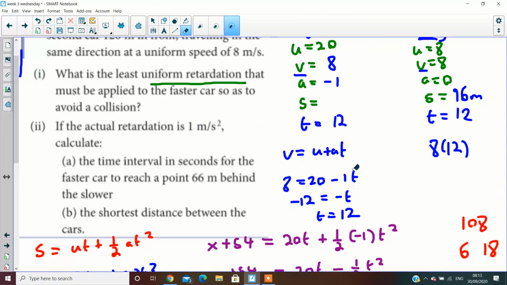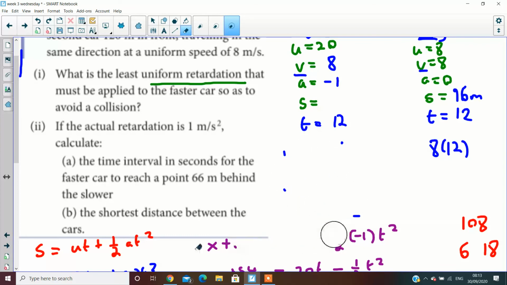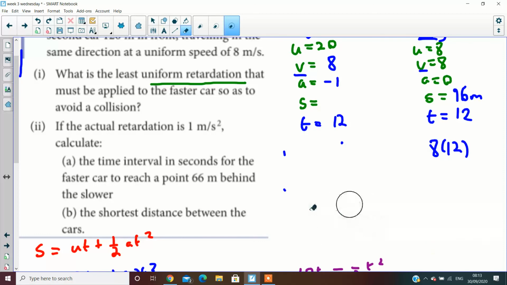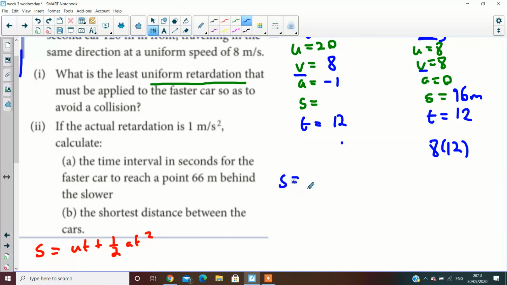I'll use ut plus half at squared again, the usual. So what we'll go here is s equals ut plus a half at squared. s equals 20 times 12 plus a half times minus 1 times 12 squared.